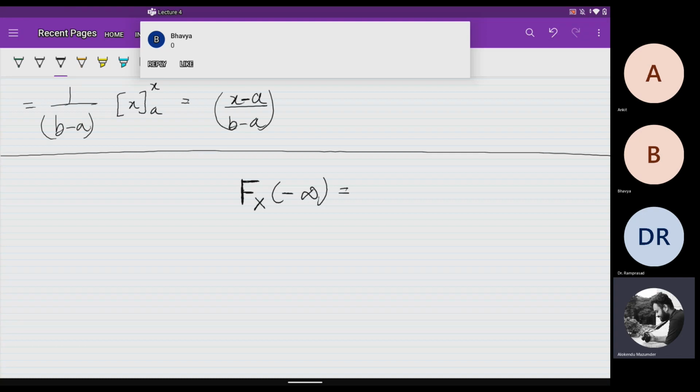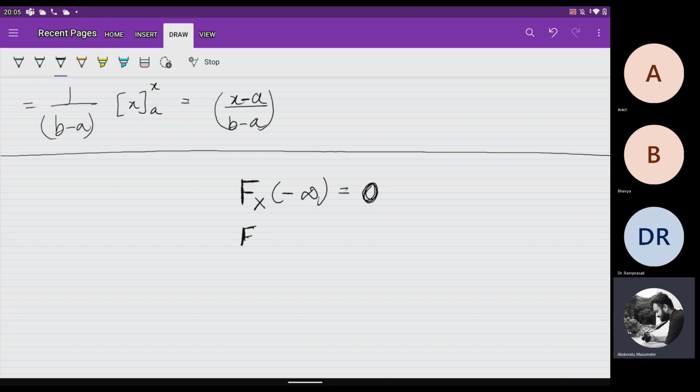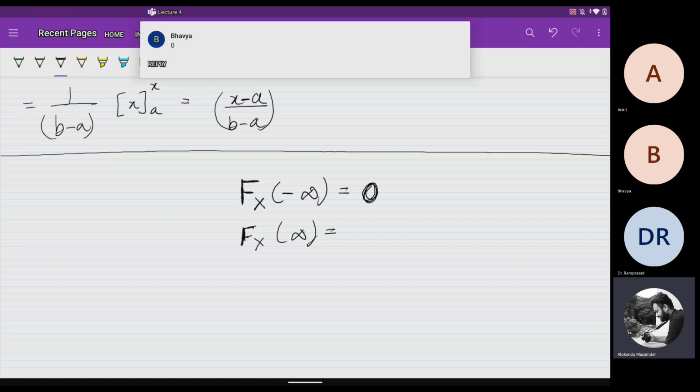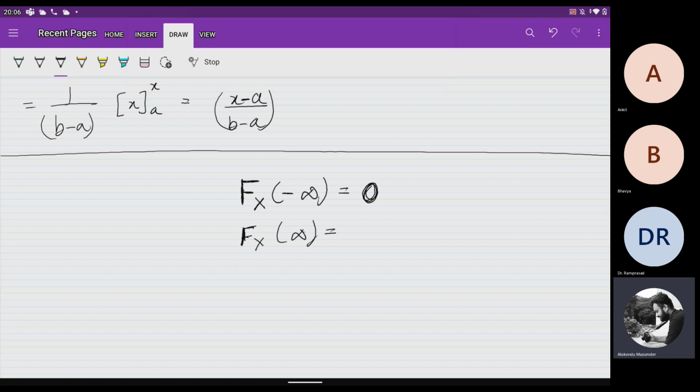Yeah, it will be 0. Exactly. What will this be? No, this is not 0. It's Fx of infinity. Just try to compute it.